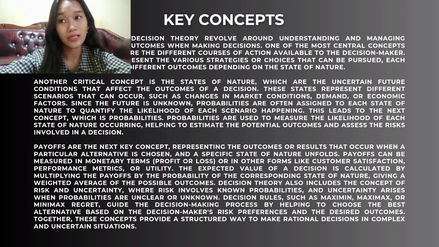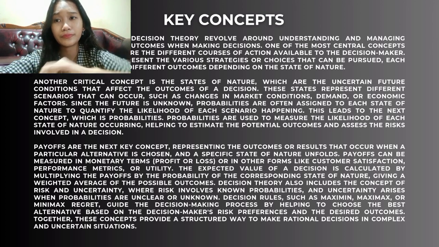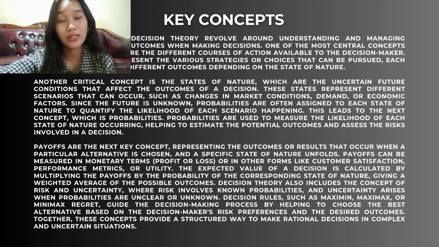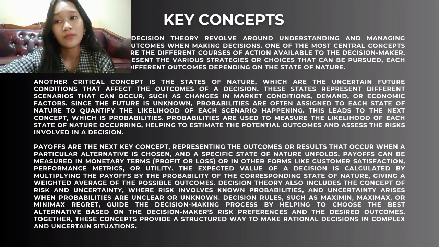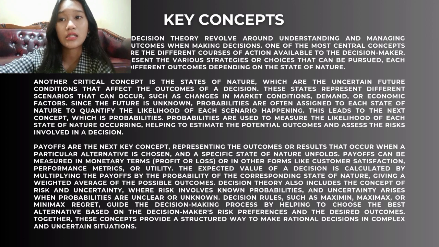And next is independence. The independence of events is another key factor in probability. If two events are independent, the occurrence of one event does not affect the probability of the other. For example, flipping a coin and rolling a die are independent events. Getting heads on the coin toss does not change the chance of rolling a 3 on the die.